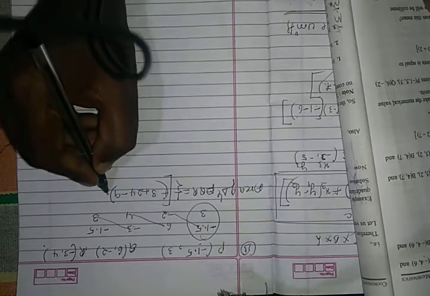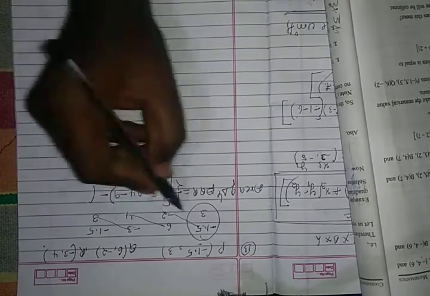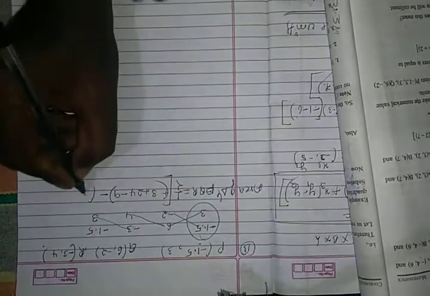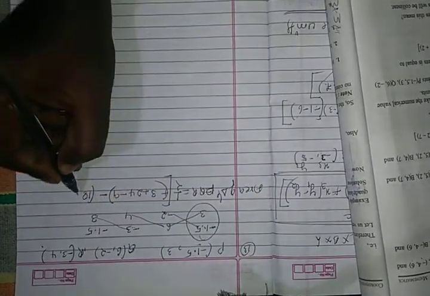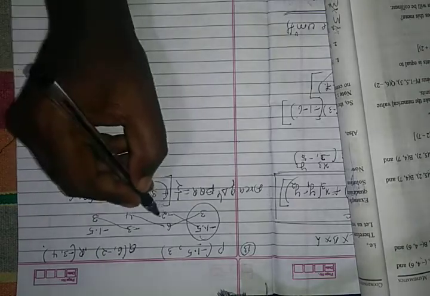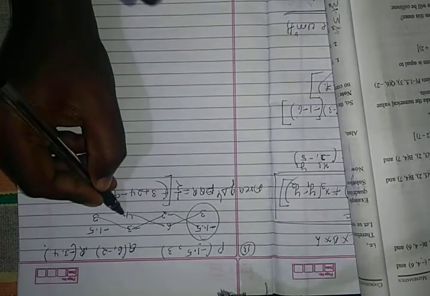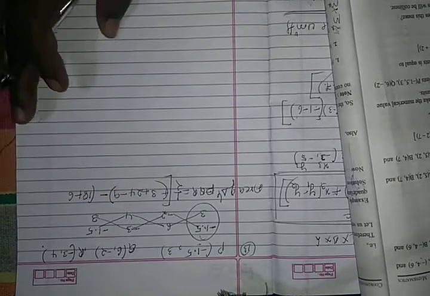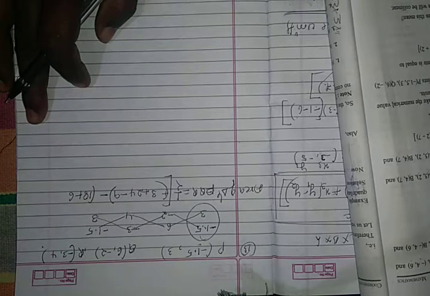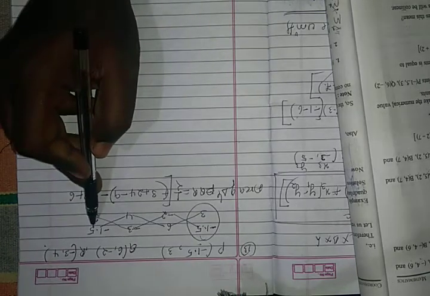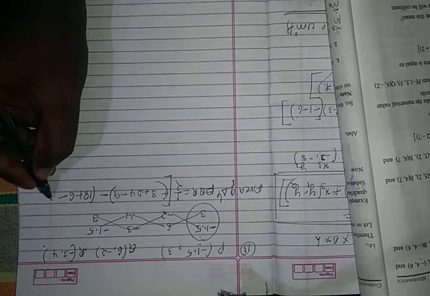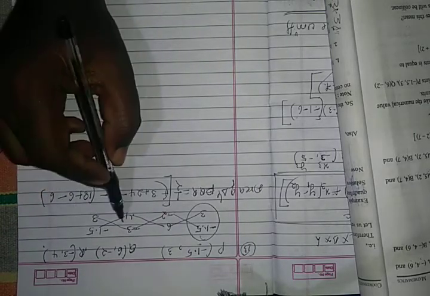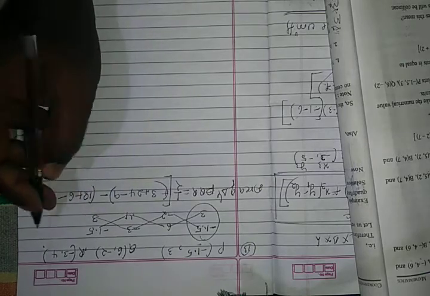Then minus, 3 6s are 18, minus 2 into minus 3 plus 6. Then 4 into 1.5, with minus 1.5, minus into plus is minus, that is 6. 4 into 1.5 is 6.